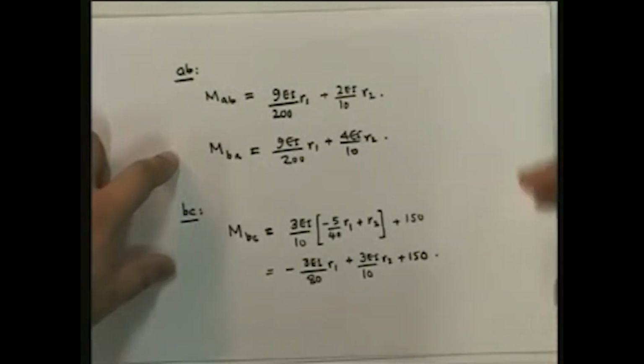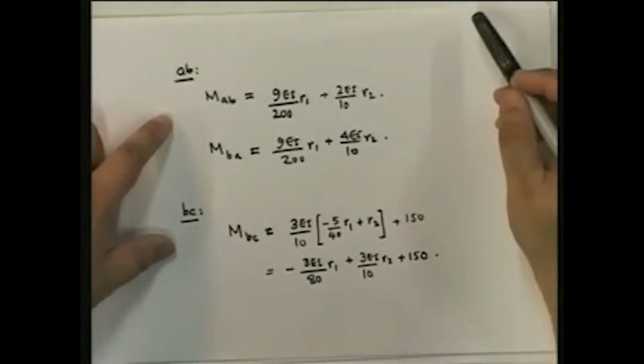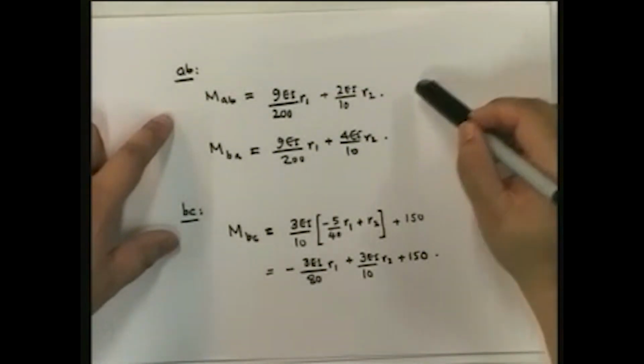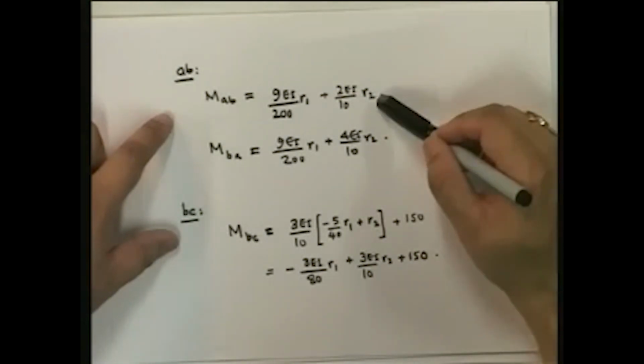Having done that, let us now write down the relationship for AB. Since the kinematic relations are the same and the member force deformation relationships are the same, I have written down MAB and MBA, and they are identical to what we had computed when the C support was fixed.